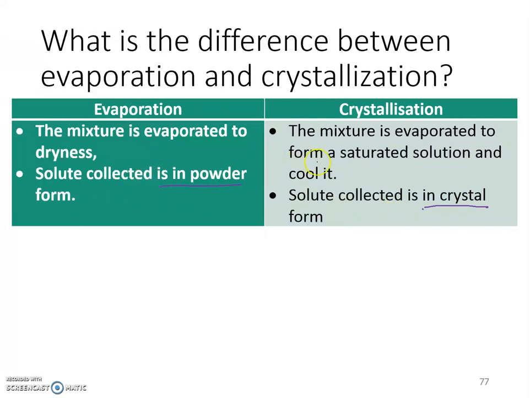And of course, in order to get the solute in crystal form, you only evaporate part of the solvent, so you form a saturated solution. But for evaporation, the mixture is evaporated to dryness, so you boil off all the solvent.